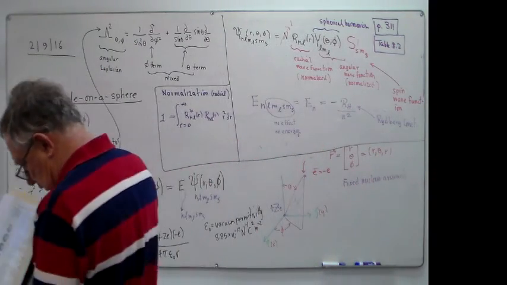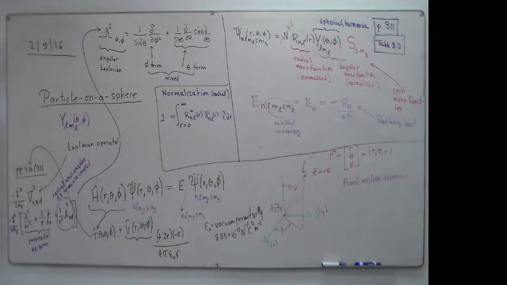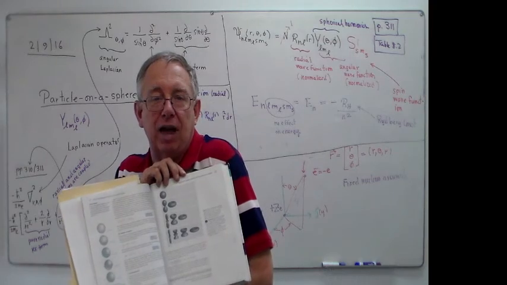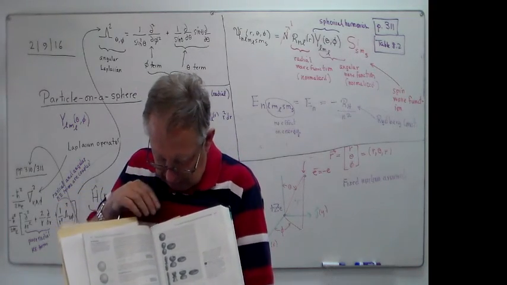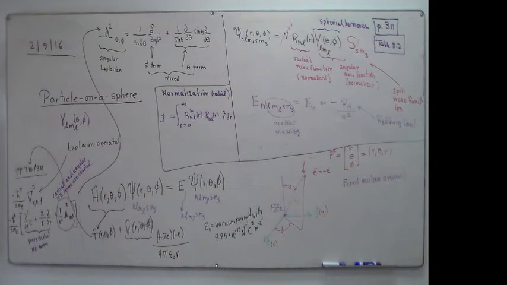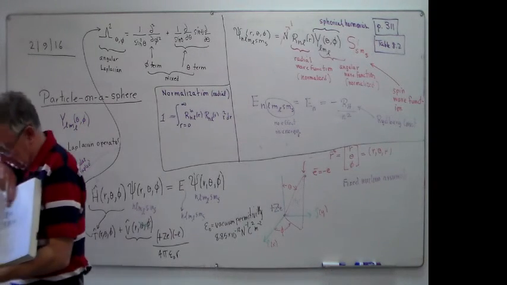And I want you to look at these drawings. They're on page 313. Let me just hold this up for the camera. Now, what does this sphere look like? Looks like an s orbital. What does that next one look like? Looks like a d orbital.